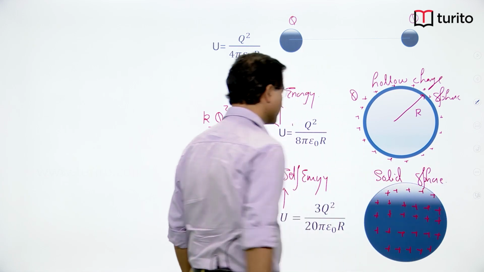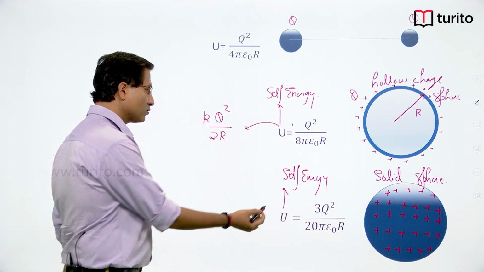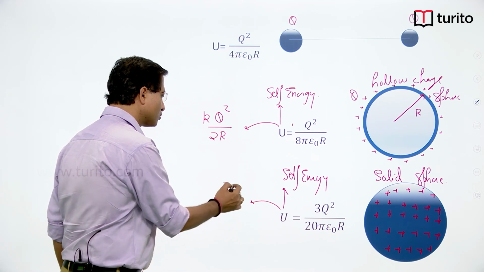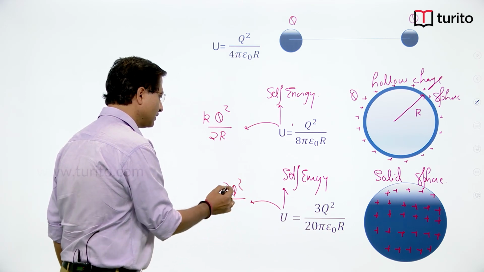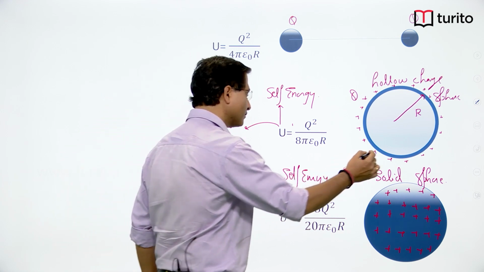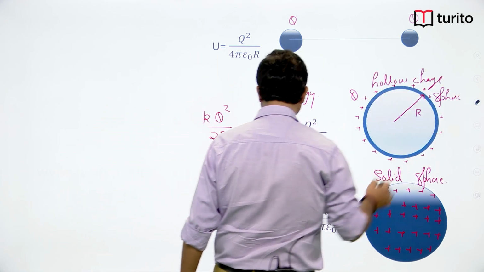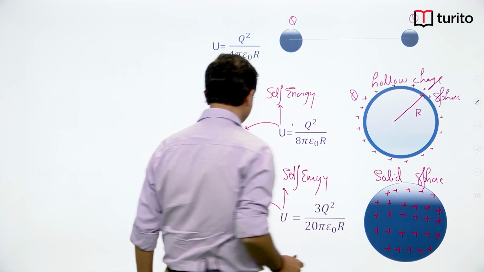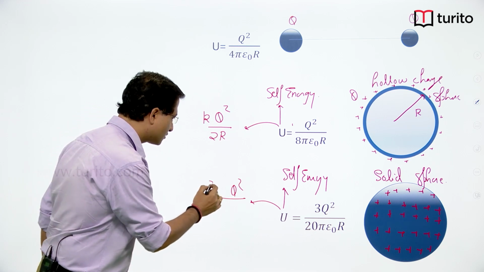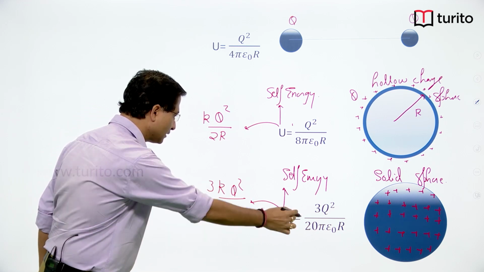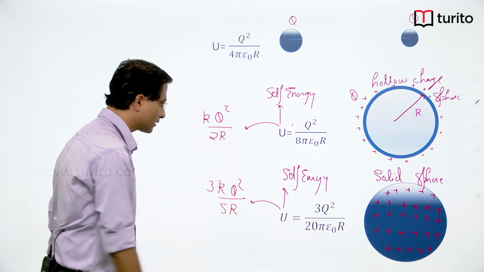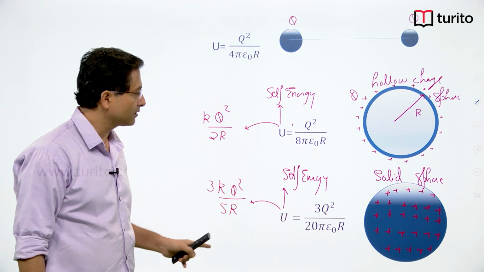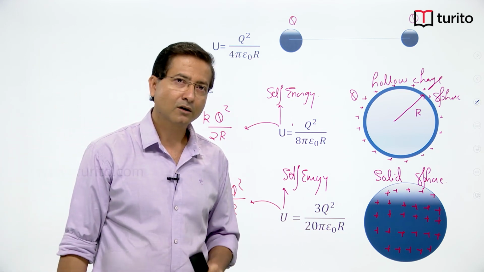And this you can also remember this way, 3 times q square k. So, this is 3k, it will make it 5r. So, you can remember the expression this way also, 3k q square divided by 5r.